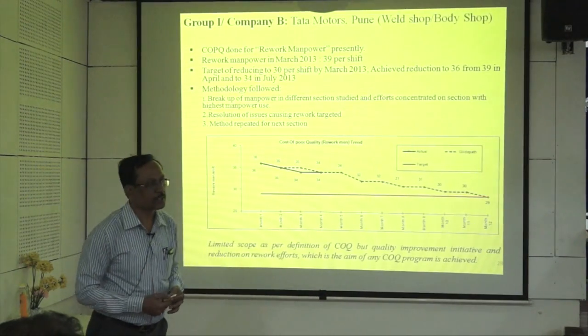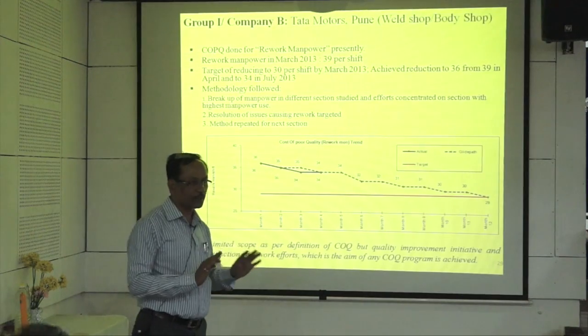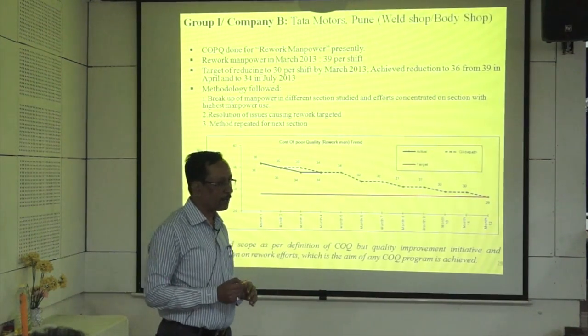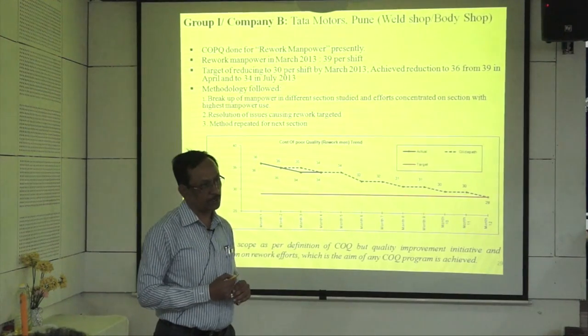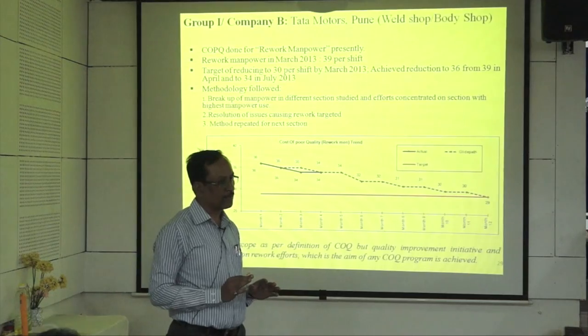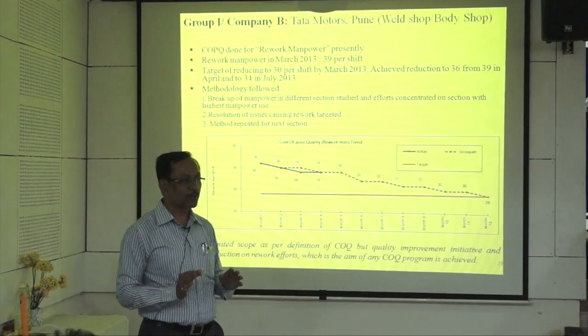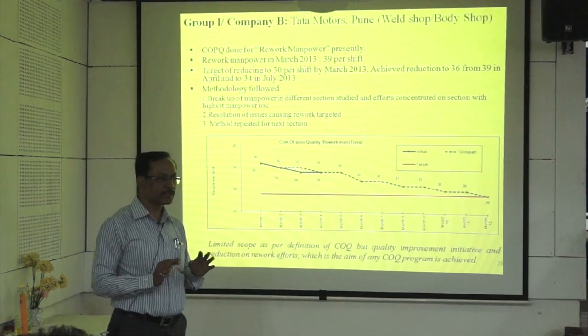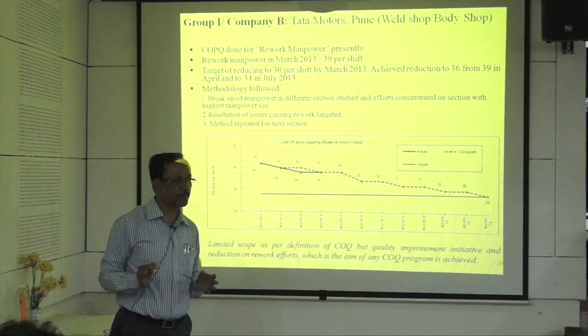Now Tata Motors, surprisingly, I did not get total official access, but through an unofficial channel I have seen their most advanced plant, a weld shop where all the robotized lines are there, and they are not going for any formal cost of quality. They have found one area, that a lot of rework is happening.